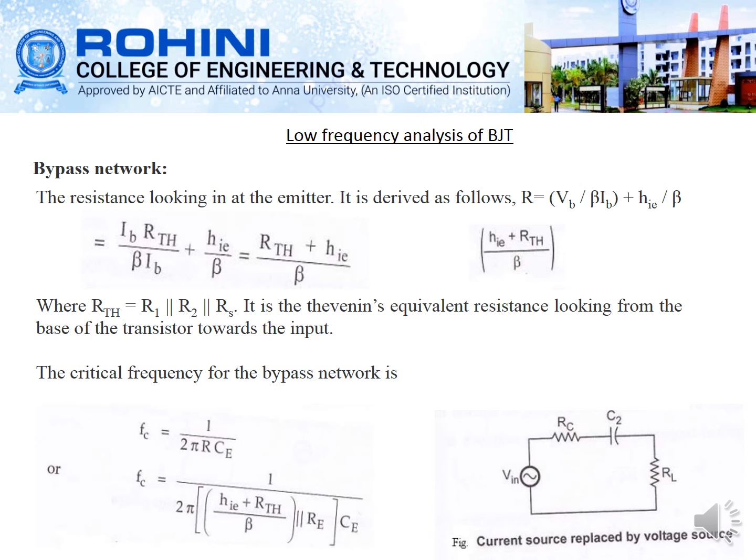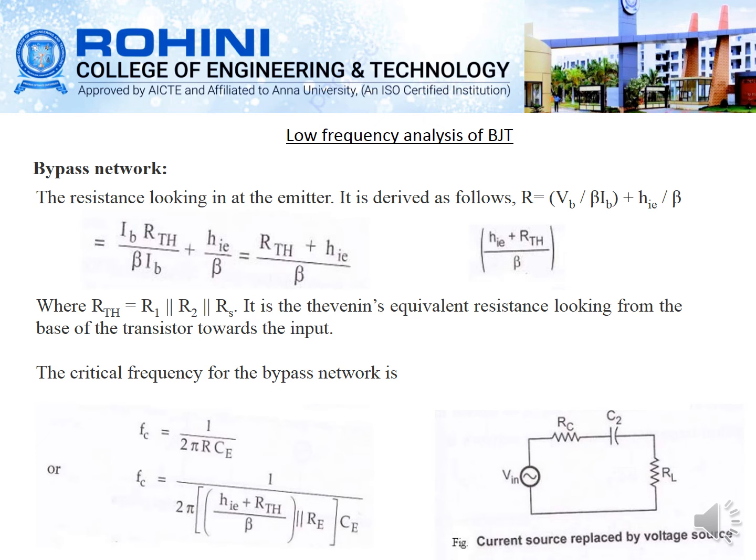While considering the bypass network, the resistance looking into the emitter is R equal to VB divided by beta into IB plus hie divided by beta. From this we write RTH plus hie divided by beta, since by Thevenin's theorem we can write IB into RTH, where RTH is equal to R1 parallel R2 parallel RS.